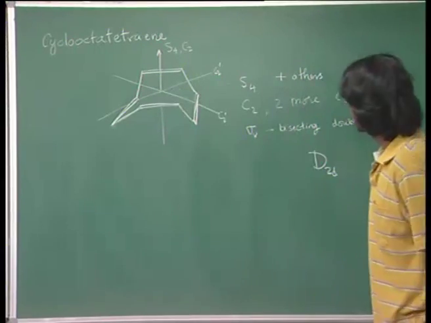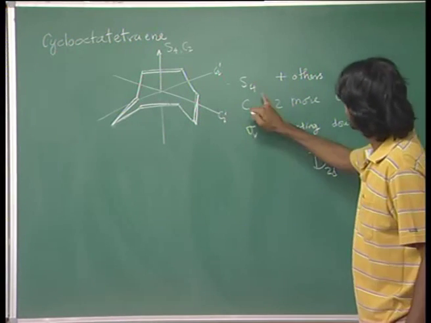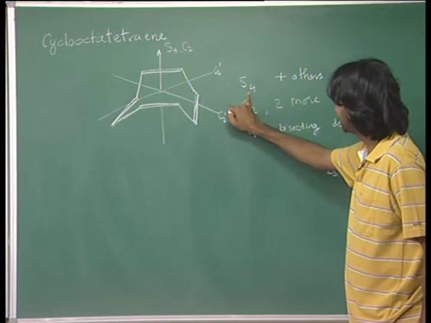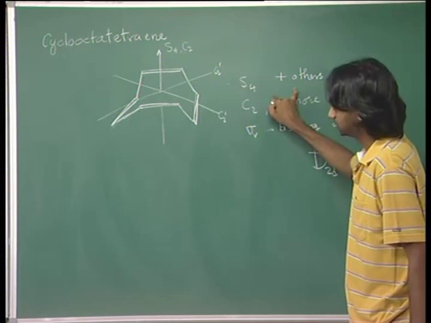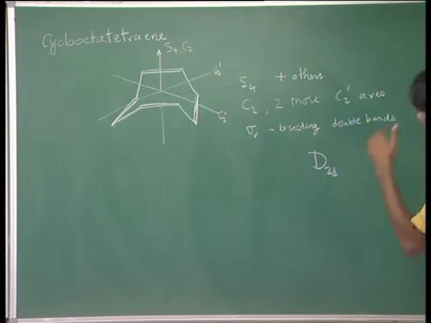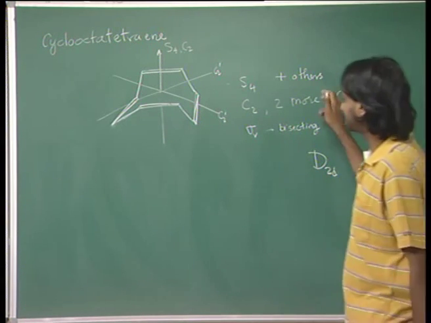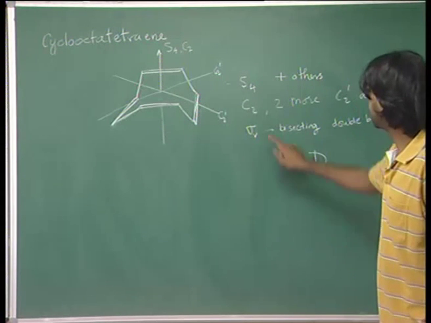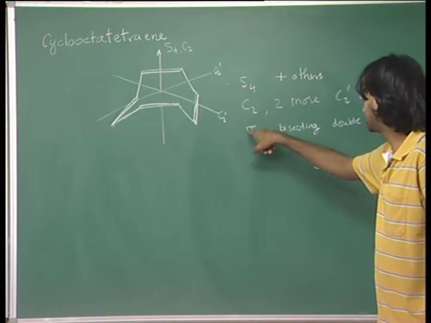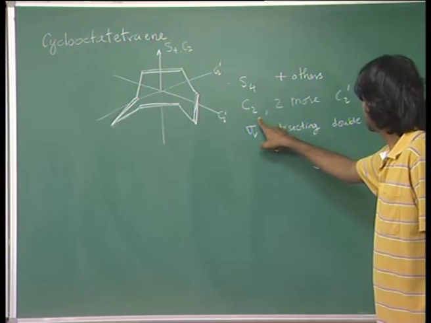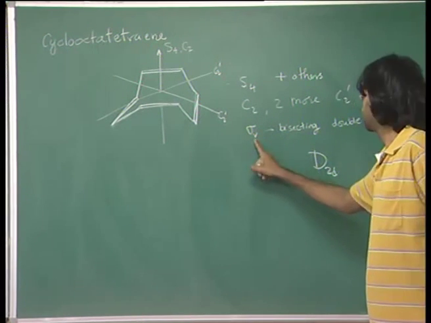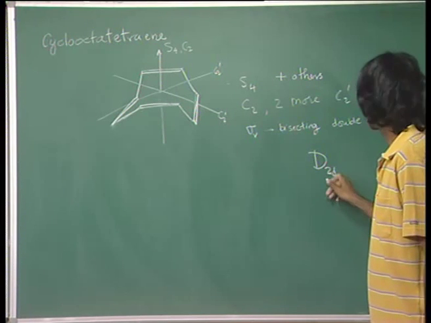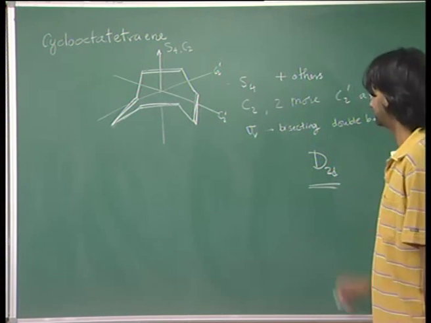Okay. So, now since this has more than an S4 operation, it also has other operations. Therefore, you cannot say that the point group is S4. Now the point group is determined by the Cn axis. Now it is C2, and you have sigma v. So, C2 plus sigma v implies that it should be D2D.